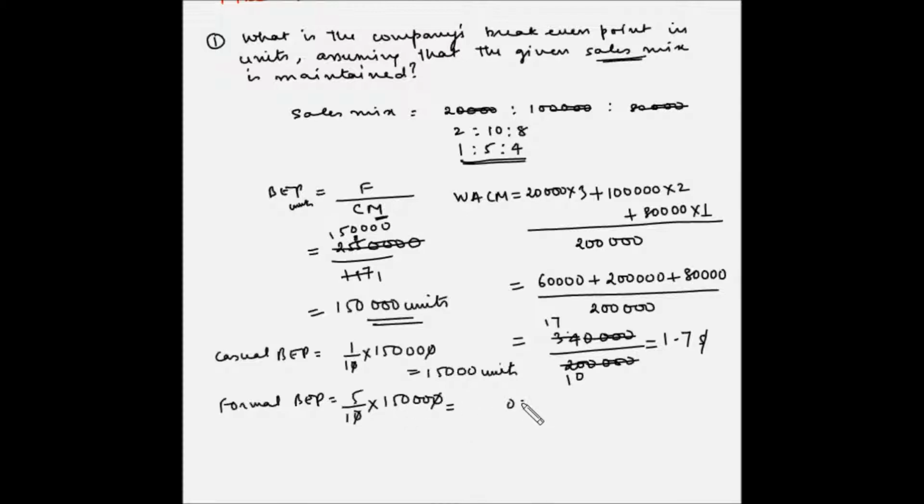So 3 zeros, 5 5s are 25, 5 1s are 5, 6 and 7. So 75,000 units. And for sports shoes, the break-even point is 4 divided by 10 multiplied by 150,000. 15 fours are 60, and then 3 zeros. So 60,000 units. Now let's move to the second question.